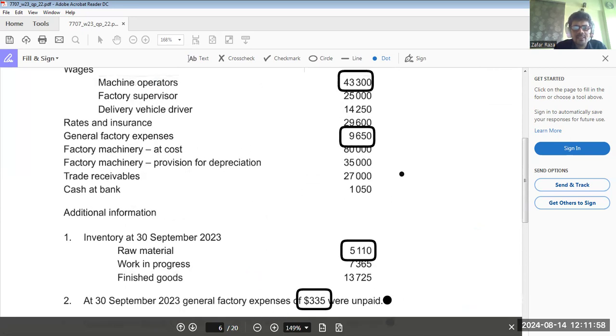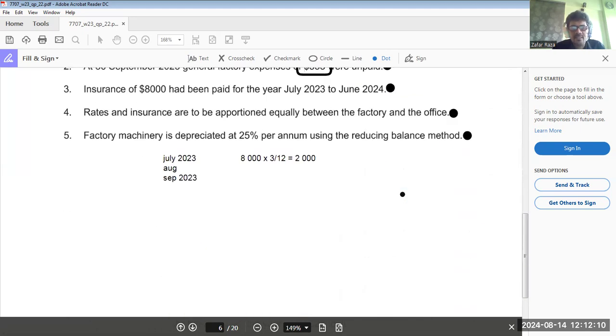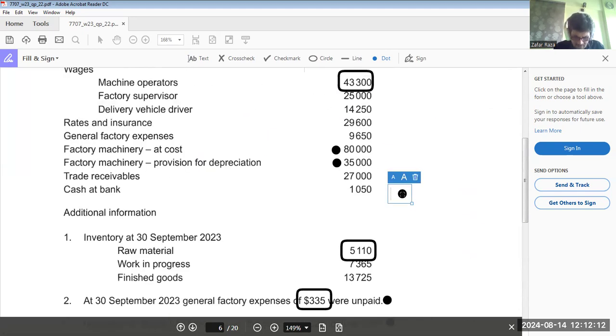How to calculate? Cost minus provision, multiplied by 25%. 80,000 minus 35,000 is 45,000, multiplied by 25%. 11,250 is the depreciation of factory machines this year.